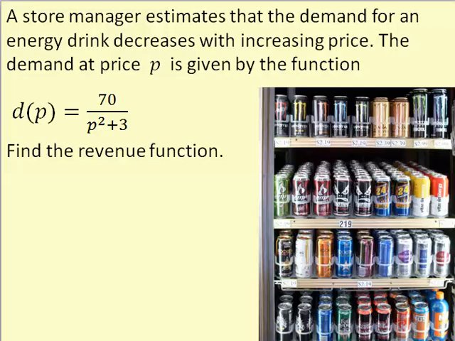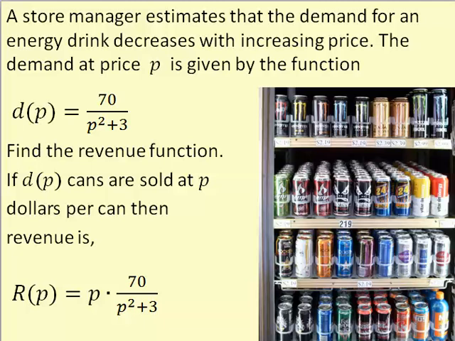What we'd like to do is find the revenue function. If D cans are sold at P dollars per can, then revenue is just price times demand.